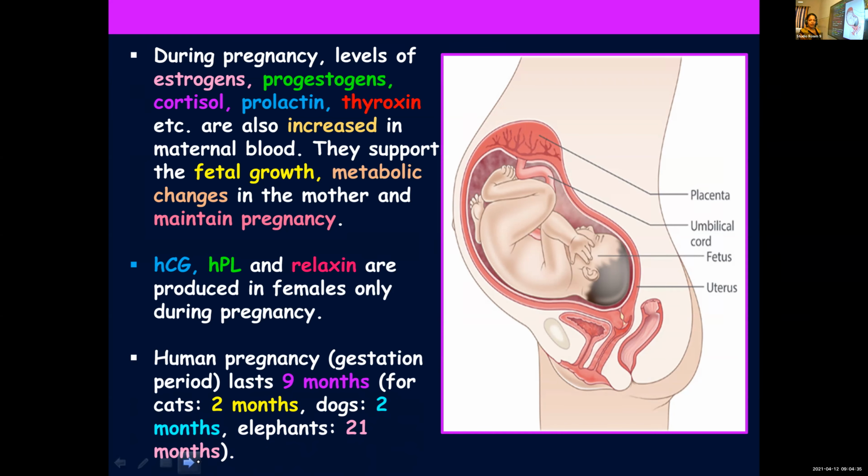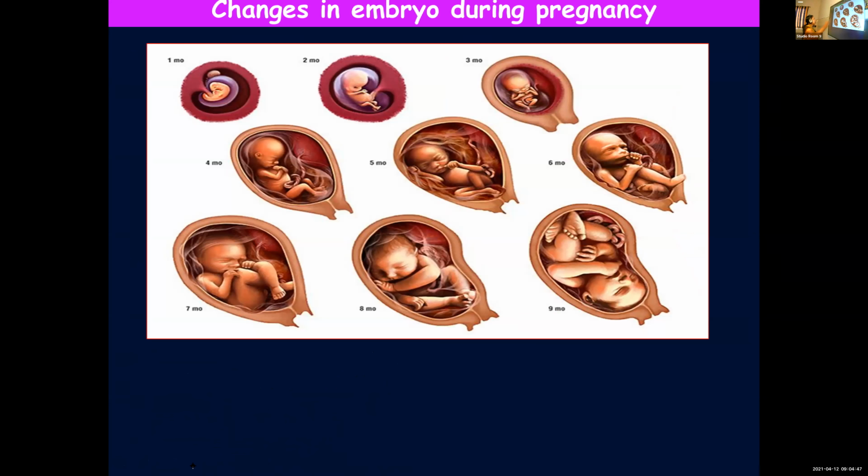The gestation period is different for different organisms: 21 months for an elephant, 2 months for dogs and cats, and approximately 9 months for human beings. Any doubt?